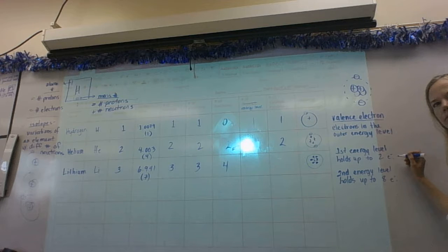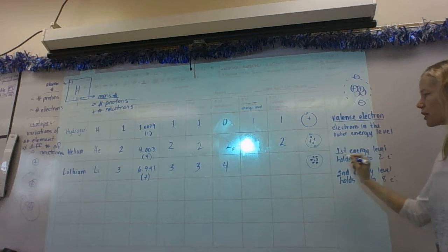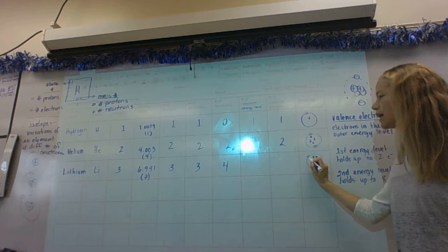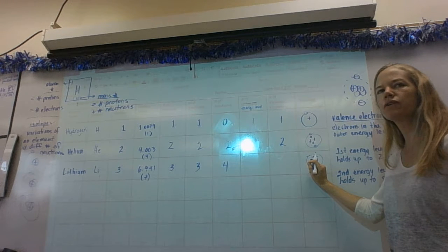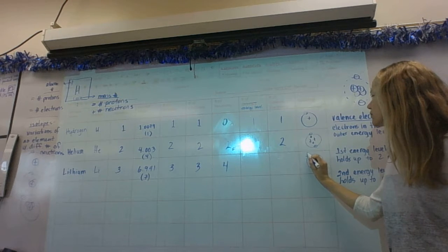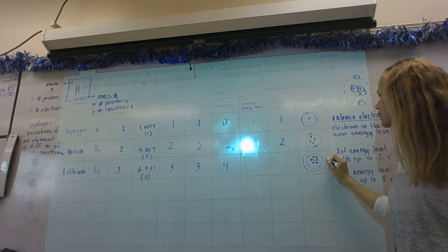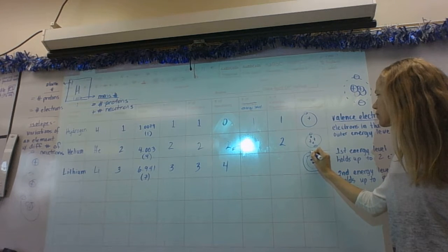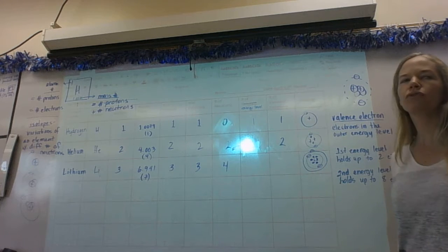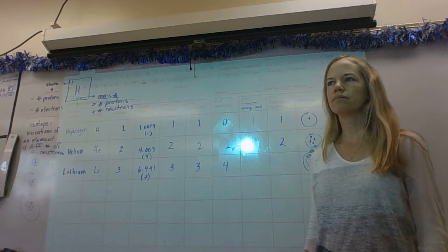Right here. 2. So how many are we going to put in the first energy level? 2. Ruby, how many does that leave for the second energy level? 1. Good. So we put 2 in the first energy level. We need a total of 3. We need that next one right there. Okay? There's a total of 3. Excellent.